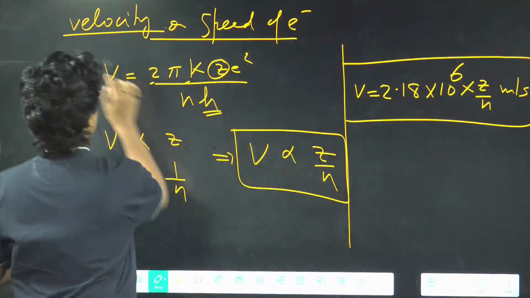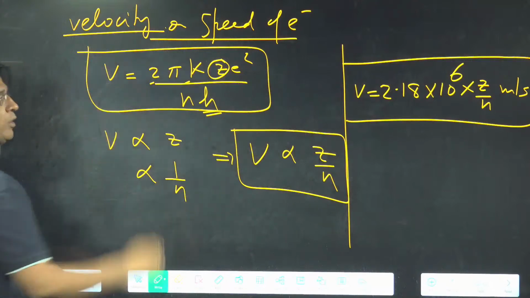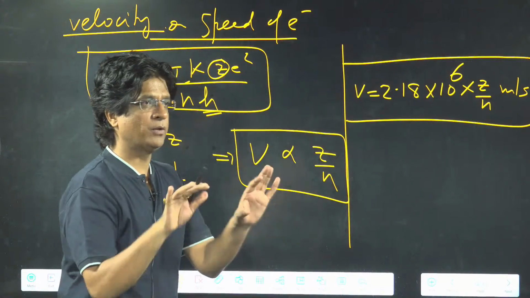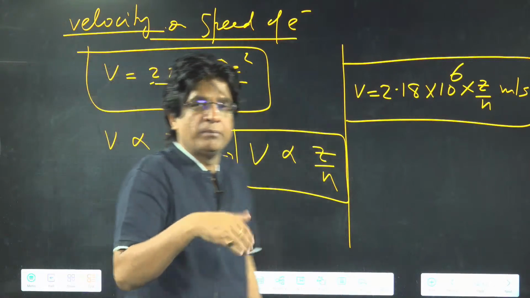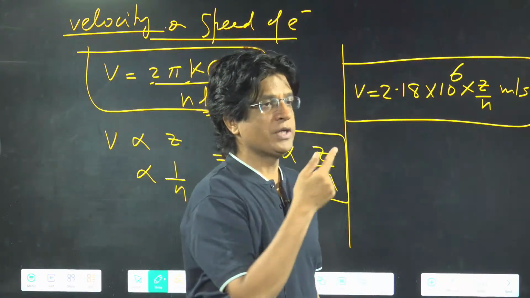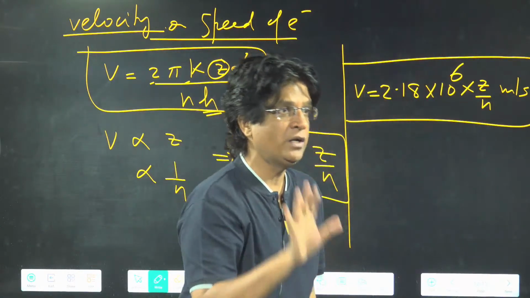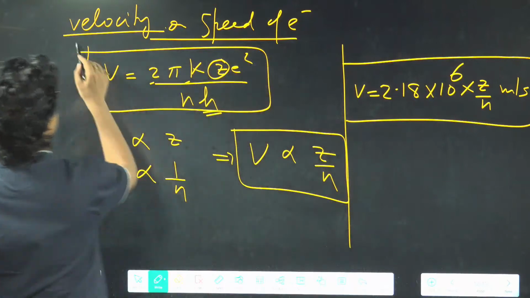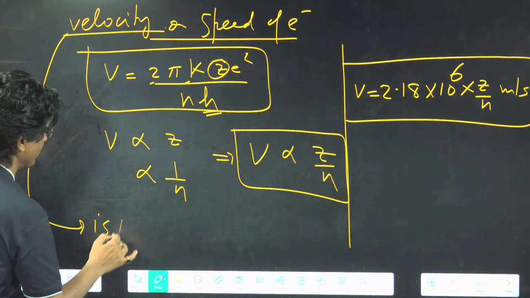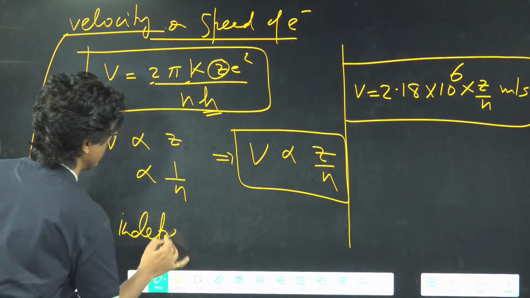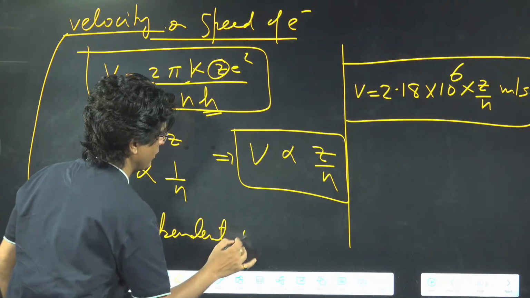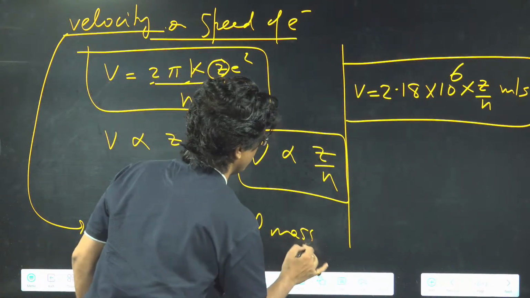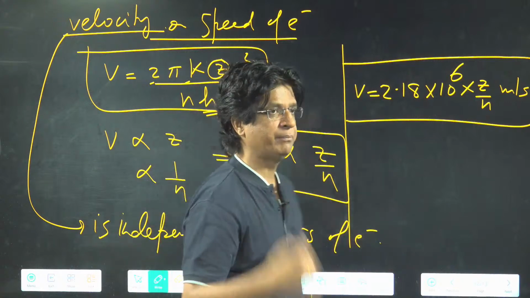But over here, for the very first time, we have an expression of V which does not depend on mass. That means even if the mass of electron changes, the velocity of electron will not change. So please write down: velocity of electron is independent of mass of electron. Very, very important.